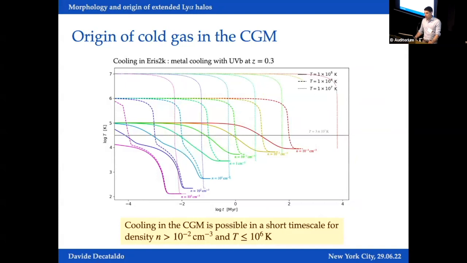So it's totally reasonable that gas dense enough can cool in the CGM. And to actually get this result, you need a simulation with a resolution high enough to probe the gas with a high density.